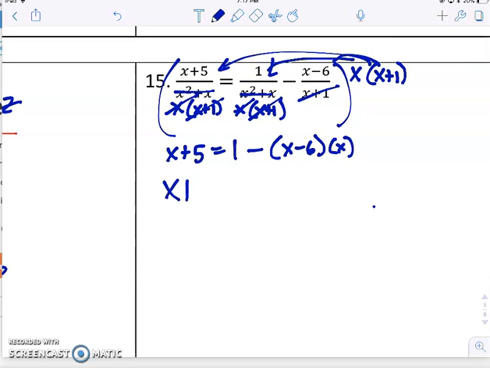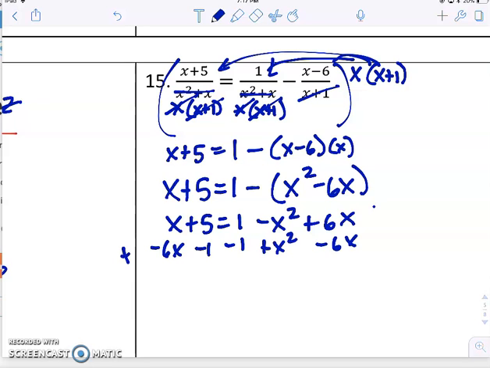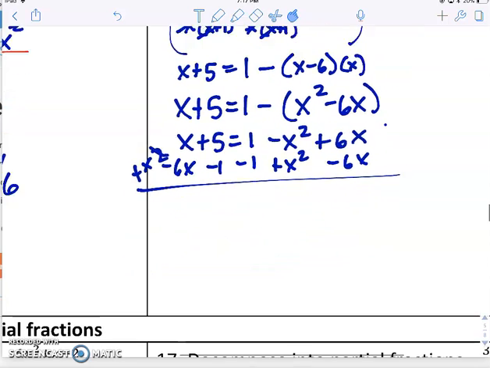So this is x plus 5 equals 1 minus, if we distribute here, x squared minus 6x. So x plus 5 equals 1 minus x squared plus 6x. Set this equal to 0: minus 6x, minus 6x, minus 1, plus x squared, plus x squared.